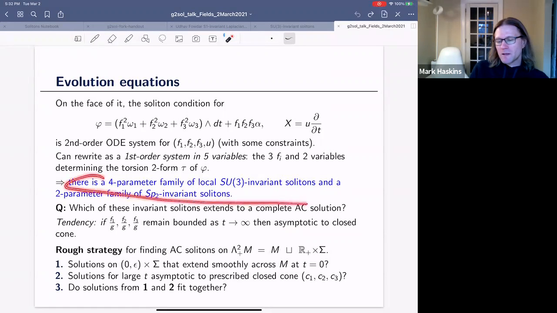This gives you control in the middle, but you also want control near M and control near infinity. So you separate out control at 0 and control at infinity.